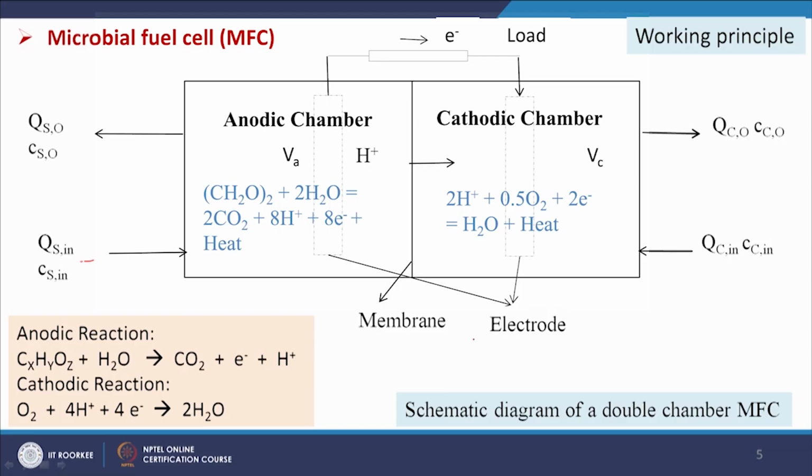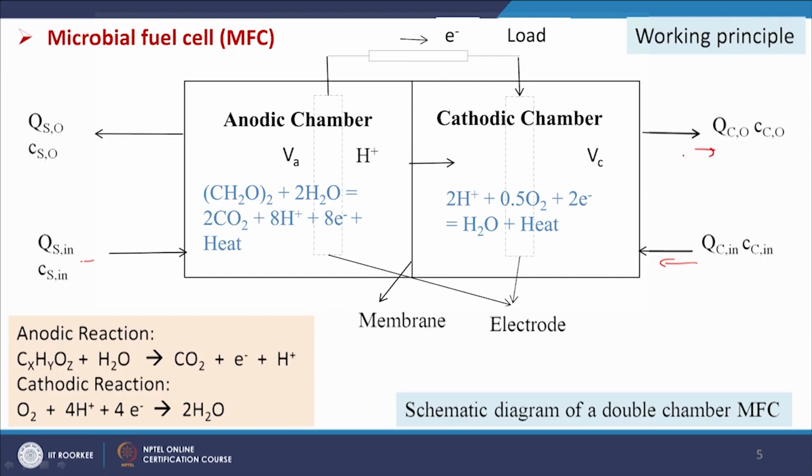So, we need to provide some electrolyte, that is catholyte, containing some oxygen, and that oxygen is consumed for the production of H2O and heat, and this catholyte after a certain retention period goes out.